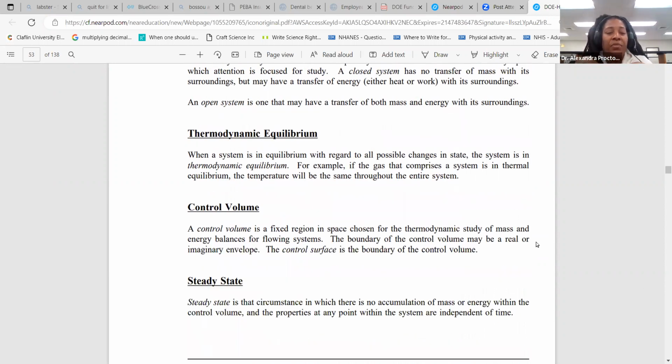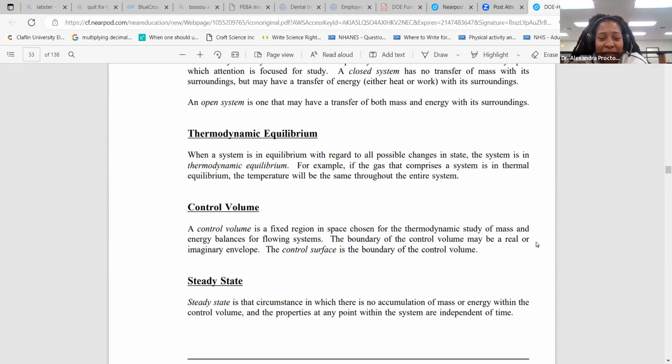A control volume is a fixed region in space chosen for a study of mass and energy balances for a flowing system. The boundary of the control volume may be real or imaginary. And so here we go with this esoteric shared language, because people can't imagine the imaginary.